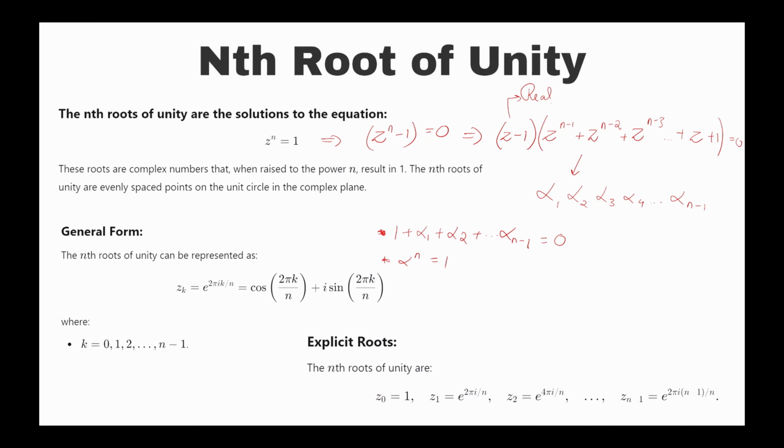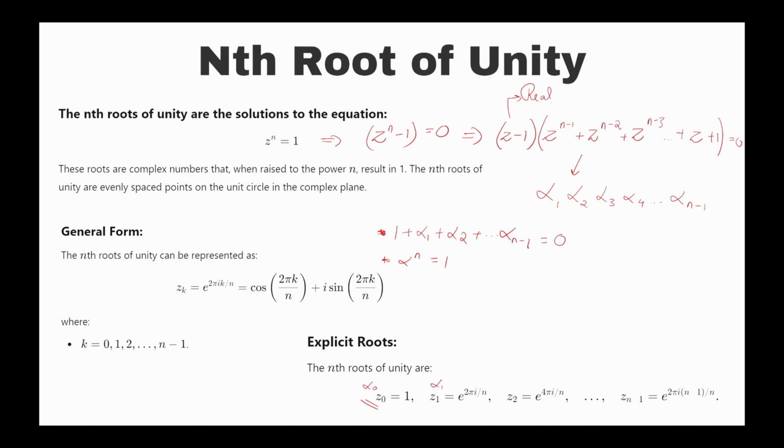Now the general form of representing is going to be e to the power 2 pi i into k by n. Here we are considering that k is the number of roots. First we take 0, 1, 2 up till n minus 1. So explicitly if I have to represent the roots, z0 is simply 1, which is my alpha 0.